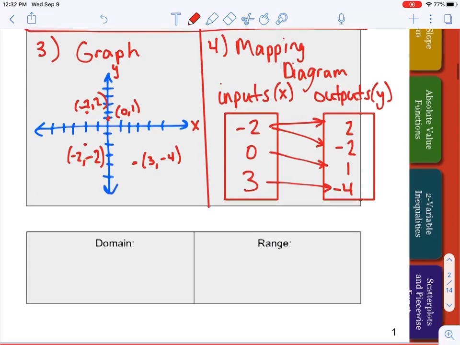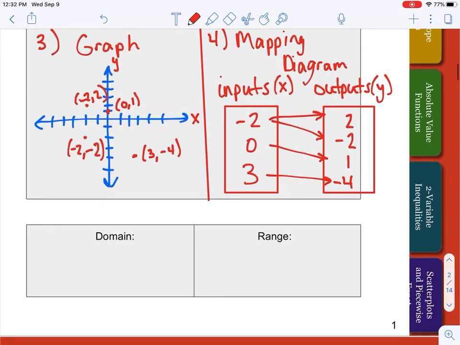So our domain of our relations is our x values. You can also think of these as our inputs. Okay, so these are a set. So we have -2, 0, and 3 as our domain.